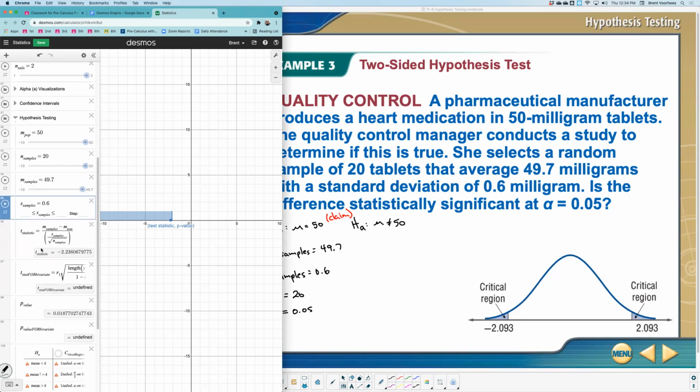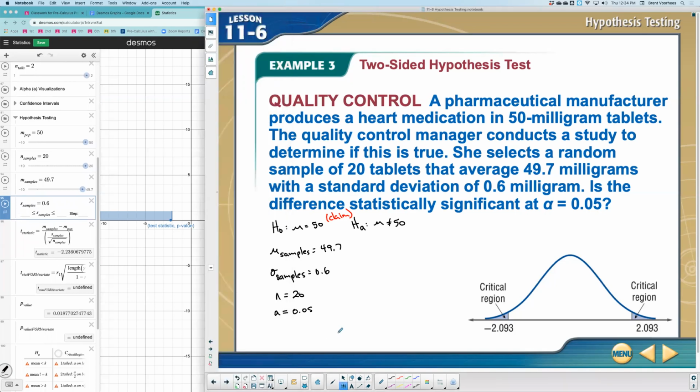For that reason, the test statistic here falls in the critical region, which means we're going to be going with the alternative hypothesis. So here, the test statistic is negative 2.236, which falls in the critical region.